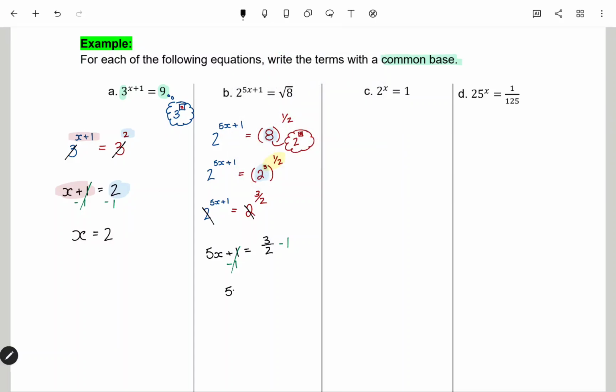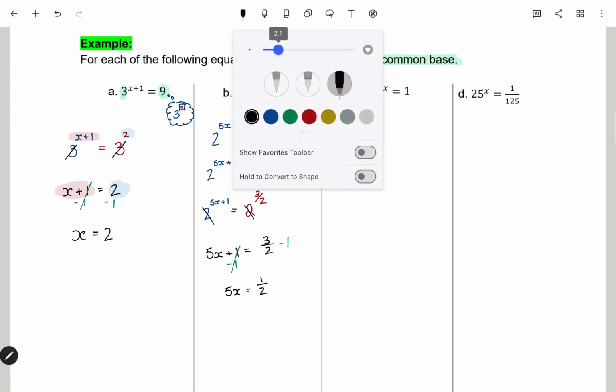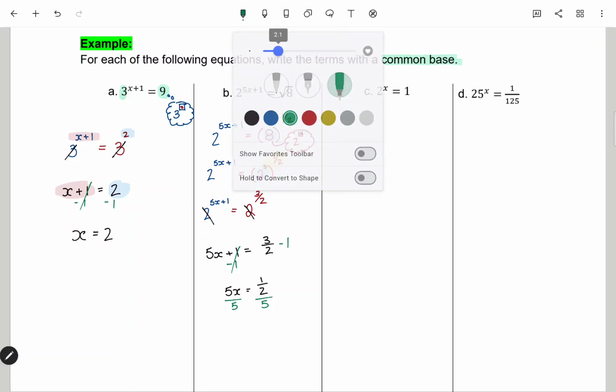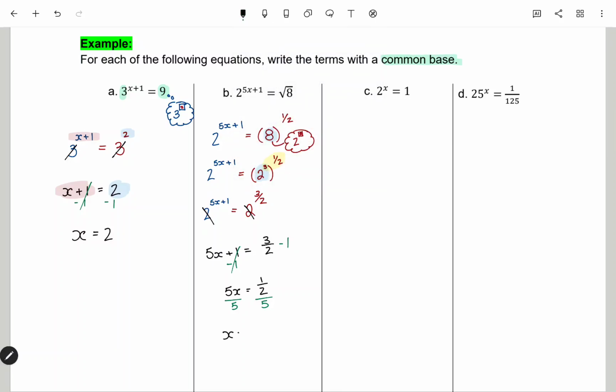That's going to give us 5x equals 1/2. We got to divide both sides by 5 to get x by itself. Of course, you can throw this into your calculator. This is going to give you x equals 0.1, or 1/10 if it's written as a fraction.